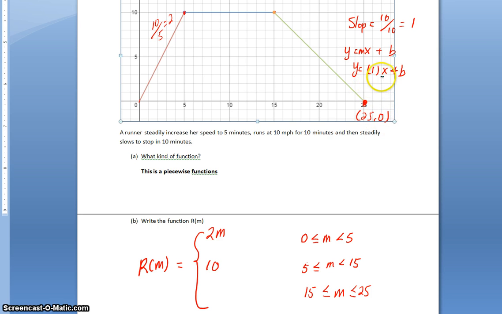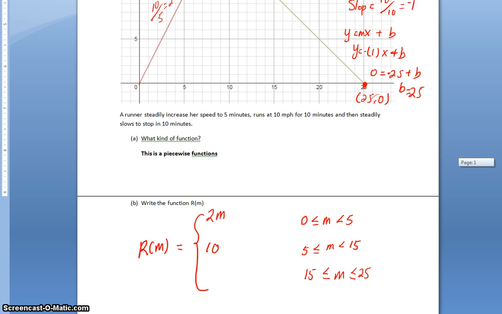So 0 equals negative 25 plus b, so b is 25, because the slope is negative.